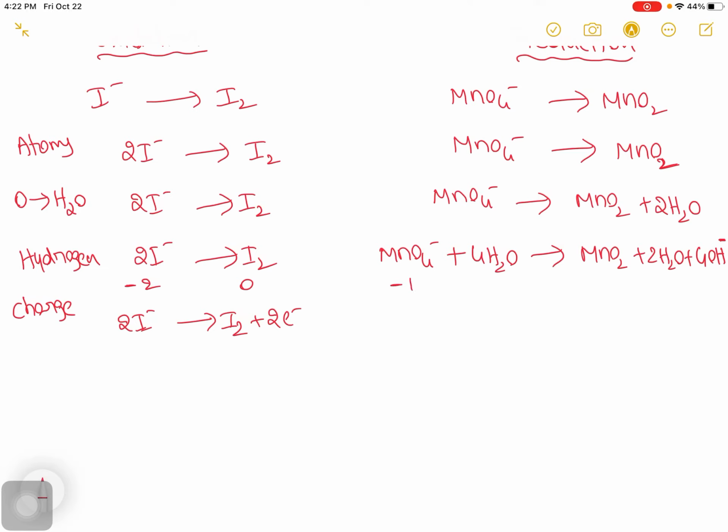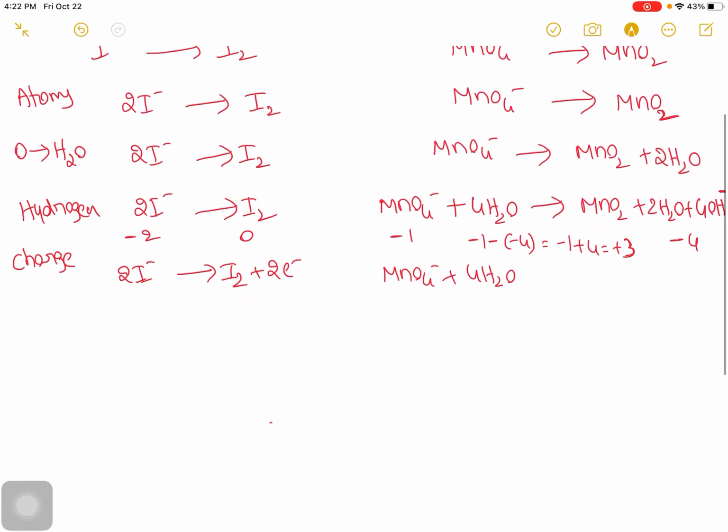Then if you go to the reduction side, left side minus 1, right side MnO2 0 charge, 2H2O 0 charge, 4OH minus is minus 4. Left side minus 1, right side minus 4. Among minus 1 and minus 4, the higher value is minus 1, so on the minus 1 side we have to add electrons. How many electrons? Higher minus lower: minus 1 minus of minus 4 is plus 3.